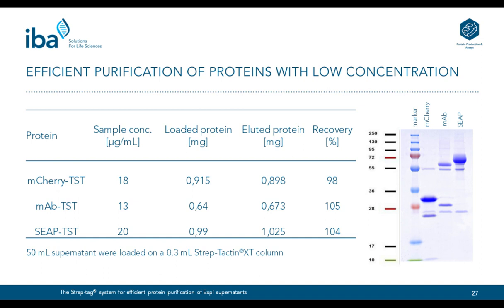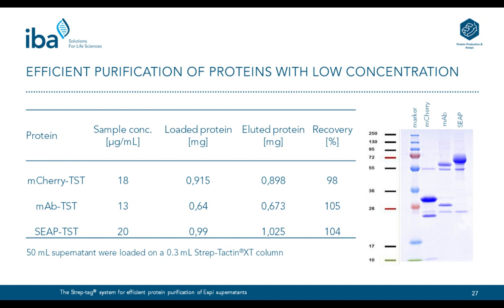So we have the Expi system here in the US, so we're not able to express our proteins in the system itself, but we use the chance to challenge the system a little bit more by testing very low protein concentrations in the Expi supernatant. And in this experiment, we spiked the Expi supernatant to final concentrations between 13 and 20 micrograms per milliliter with our 3 proteins.